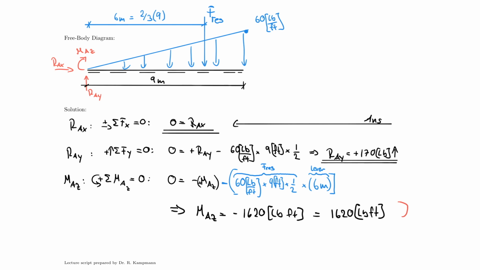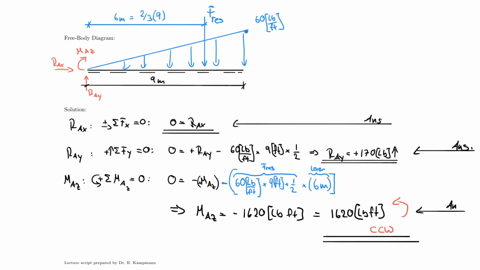So it actually needs to be this way, which then would be counterclockwise. So counterclockwise, and that's technically positive, right? So don't confuse those two things. But this now is my result, and I now successfully solved this example problem.